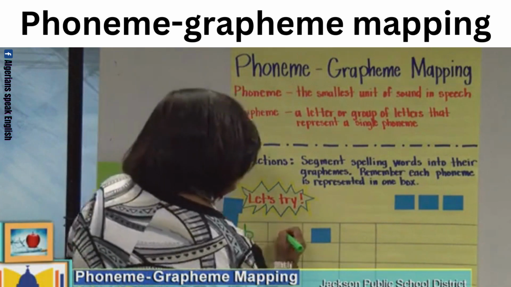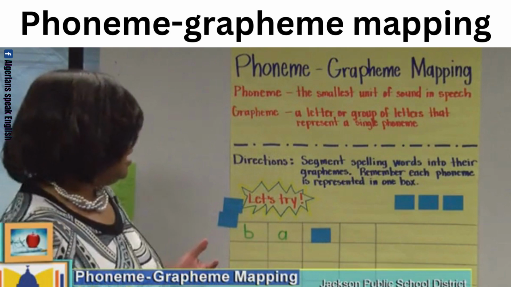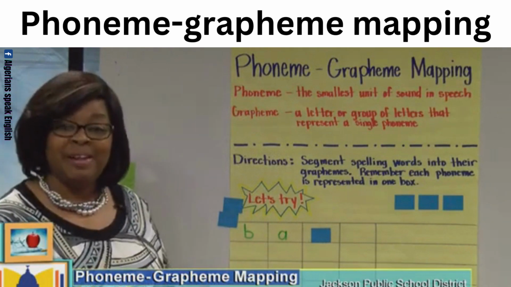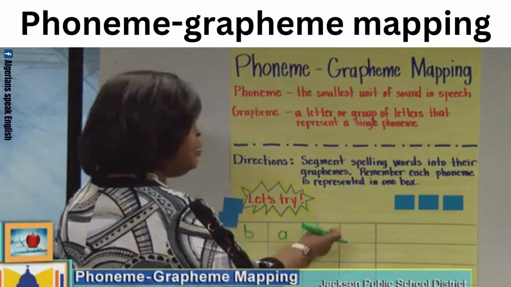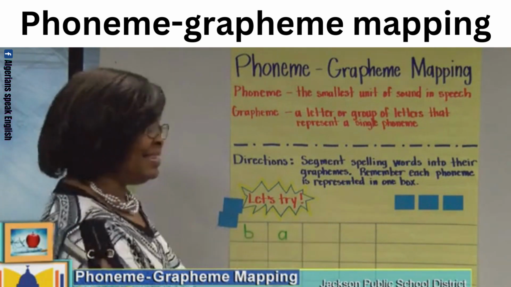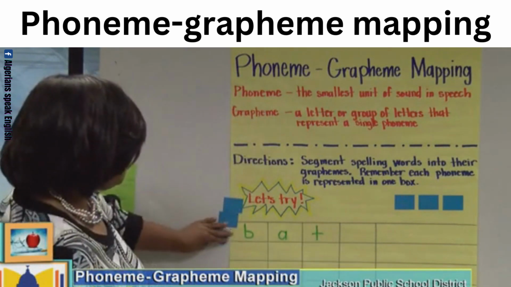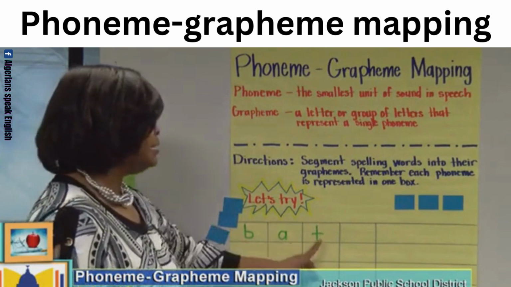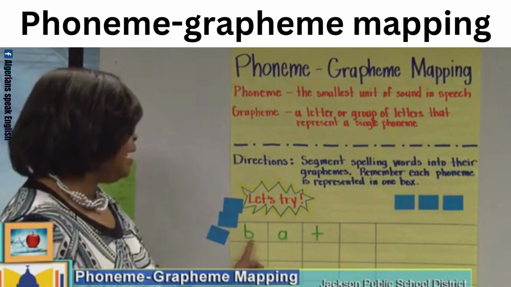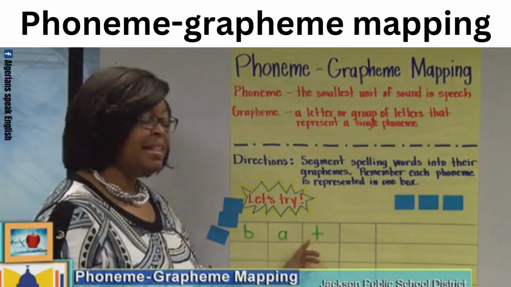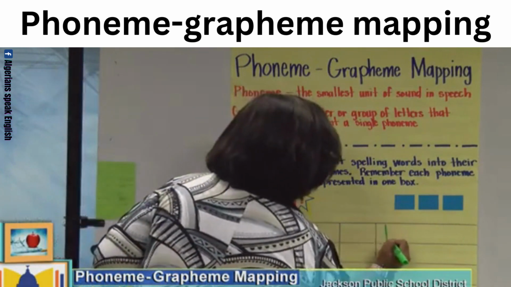You got it, the letter A. And finally, we have the final phoneme, T. Which grapheme represents the T sound? Absolutely. So we have 3 phonemes, B, A, T. And the graphemes represented by those phonemes would be B, A, T. This is a CVC word. It's very simple. So now we can spell the word bat.